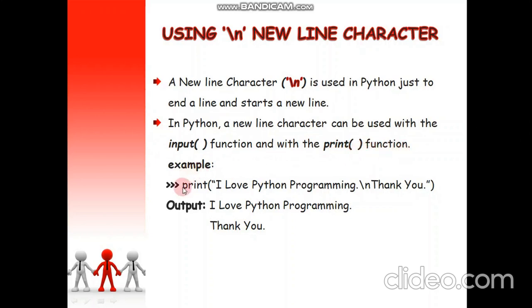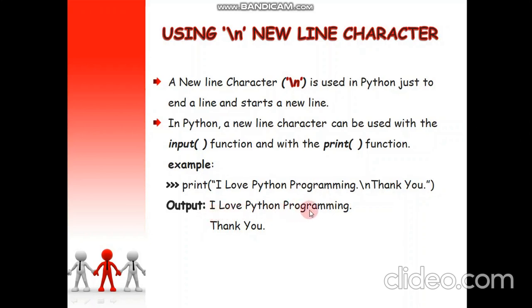For example, if we type print in between the parentheses and double quotes, here I have written I love Python programming \n thank you. Now, when I press the enter key, the result will come like this.